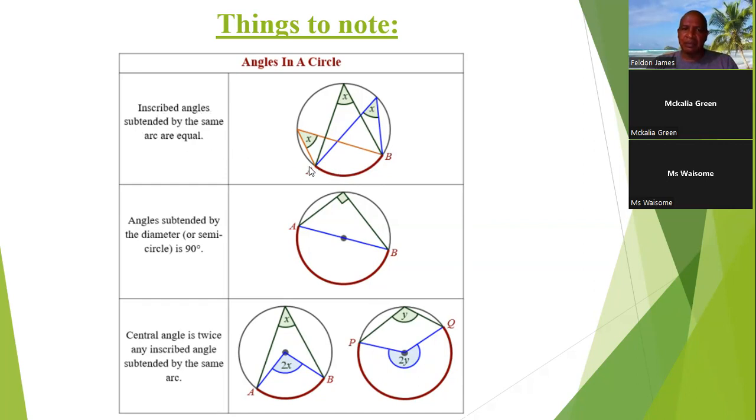What it really means is that if you have angles within the same segment at the circumference, all of these angles are equal. And the segment that we are referring to is cut by that line that divides the circle into two different parts.